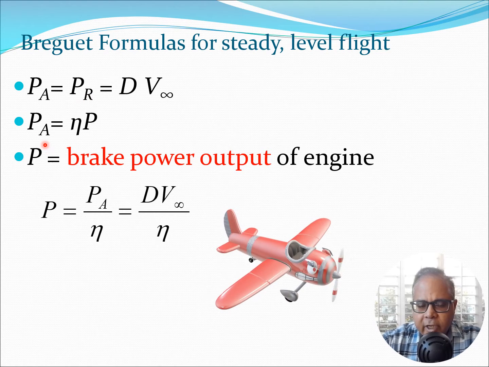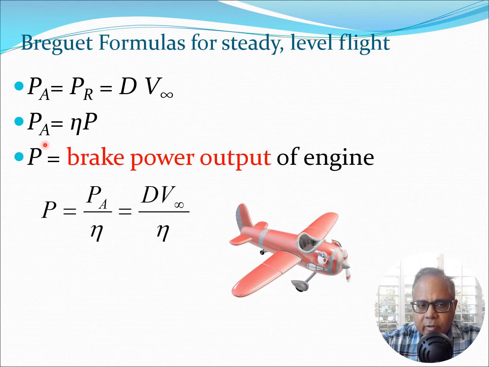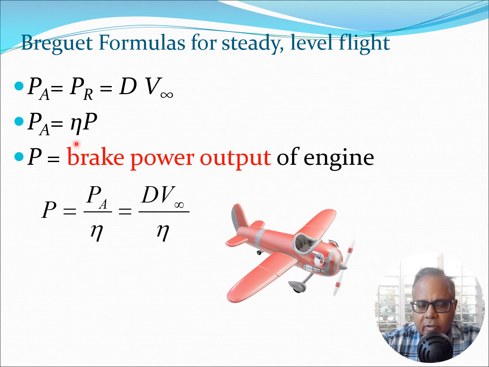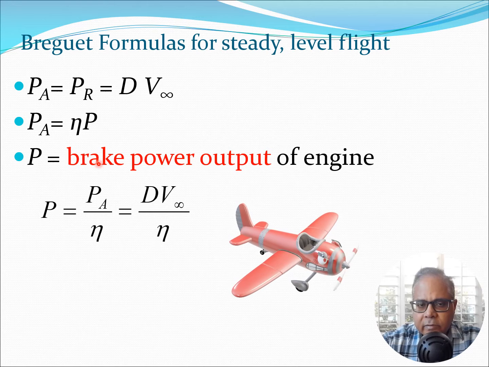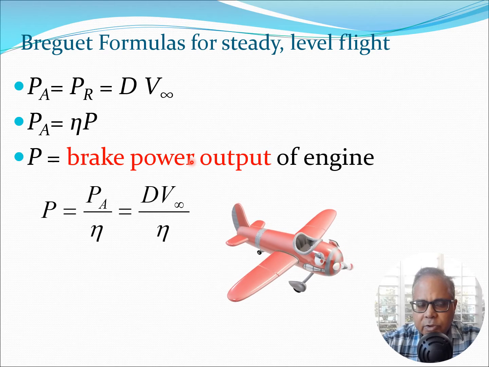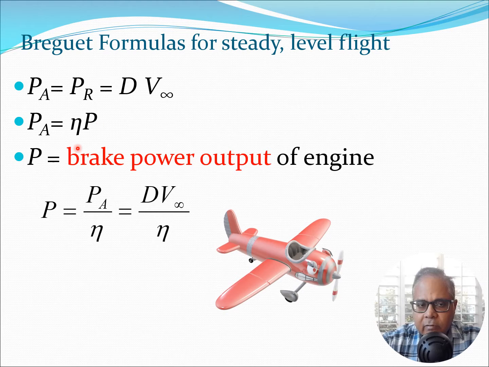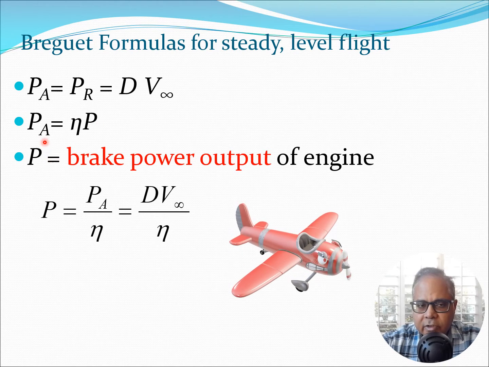So when you have a typical propeller engine, the available power is some value eta times the power P, which is the brake power output of the engine. Unfortunately, all this power P does not get transmitted to PA. So there is some loss here.